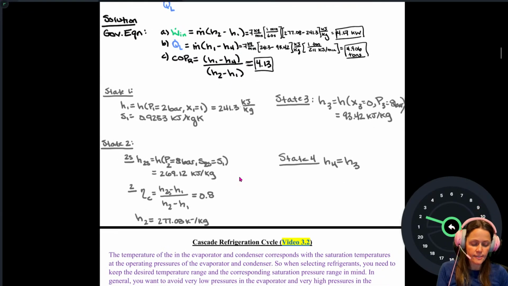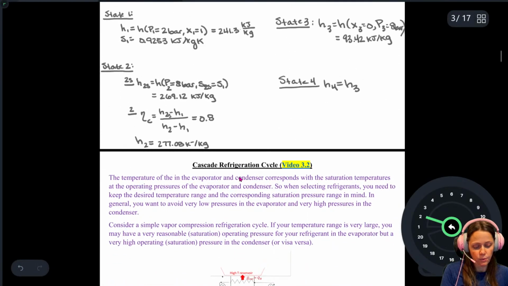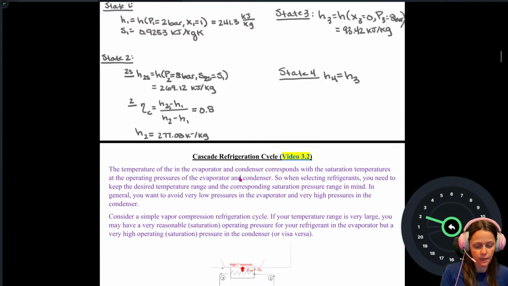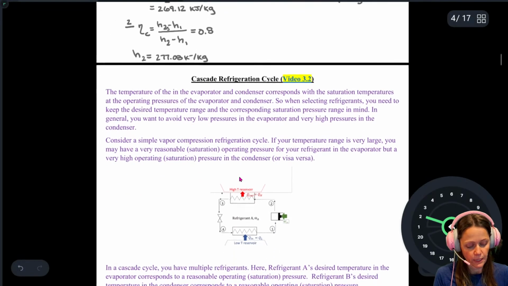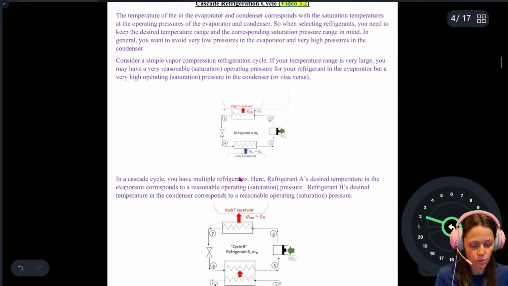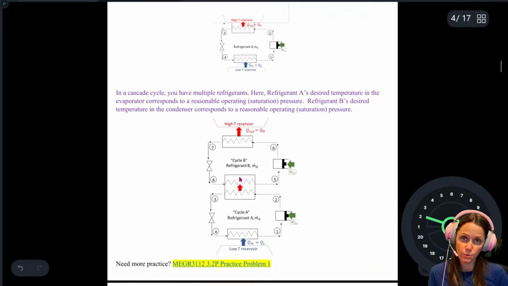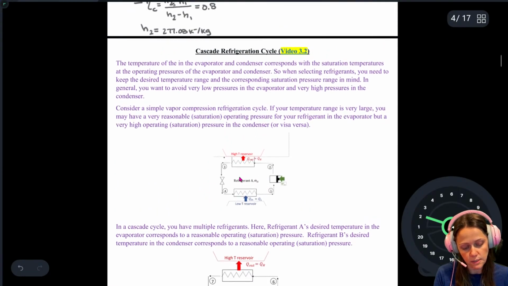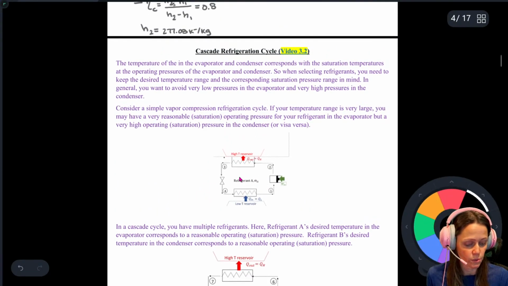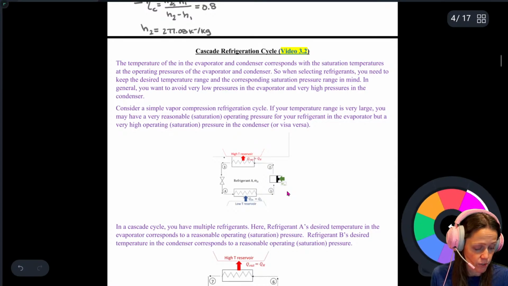So the very next section, we won't start that today just because it's a whole other section, but I will introduce the concept with the hopes that you will watch video 3.2. A cascade refrigeration cycle is basically just 2 vapor compression refrigeration cycles sitting on top of one another. It allows you to use different refrigerants to better suit the operating pressures you are going to be using.